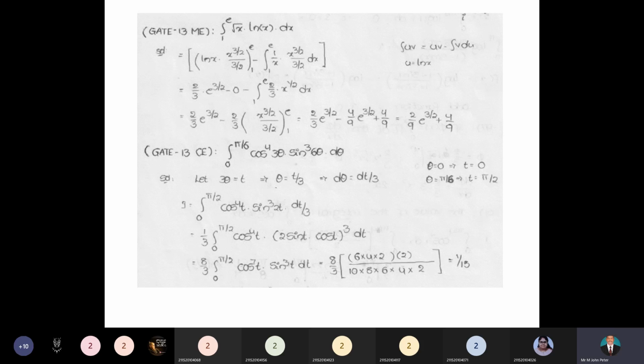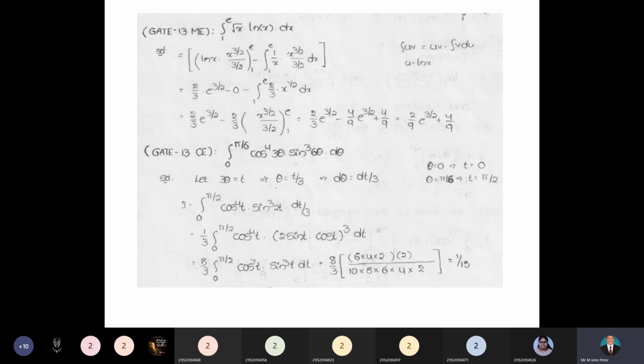That first term integration is over, with the limit they have mentioned as 1 to e. Now the second term: integral 1 to e, for log x, differentiate, you will get 1 by x. Next, the integration of x power 3 by 2 divided by 3 by 2, integrate once again. So x power 3 by 2 plus 1 divided by 3 by 2 into, inside the bracket, 3 by 2 plus 1.